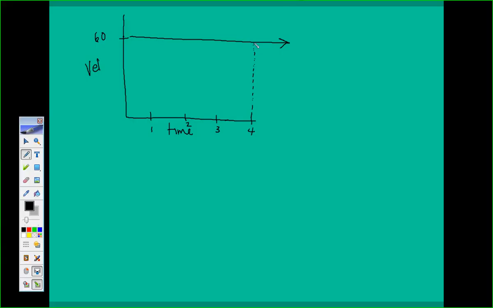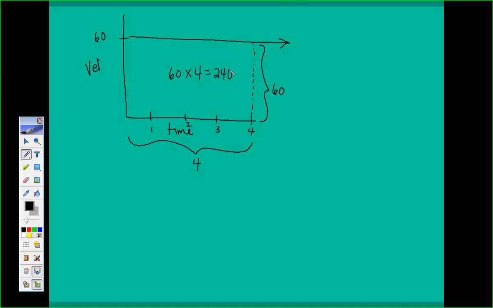Well, if we have a velocity versus time graph and we're looking for the area under the curve, we would just be finding the area of a rectangle, where this here would represent time, that would be 4, and the height of our rectangle would represent our velocity, 60. So we would have 60 times 4, which is 240.